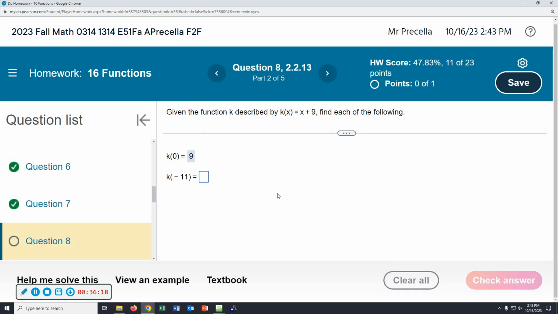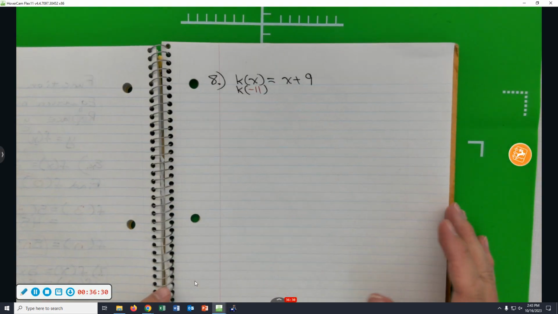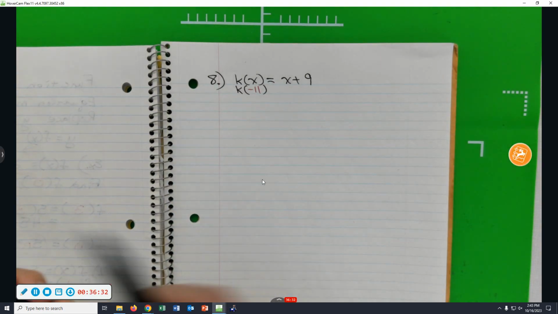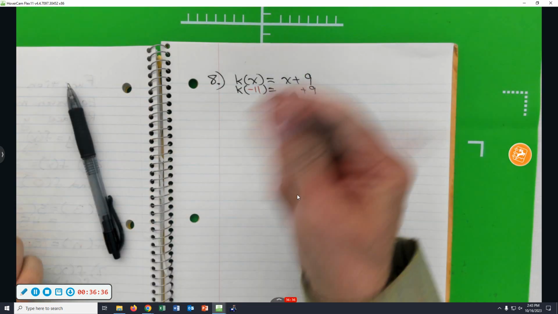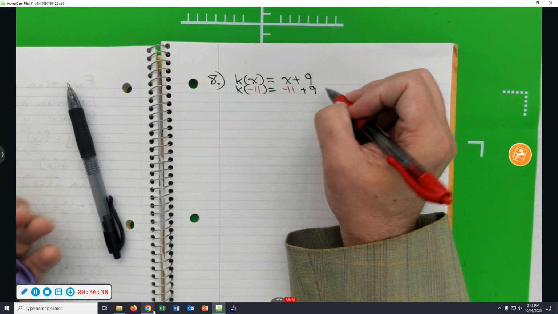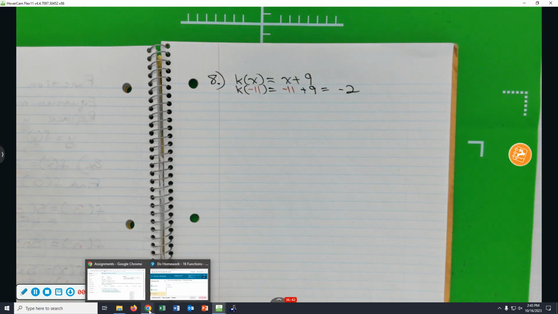The next one will be hard. Okay, we want k of negative 11. I'll plug in the negative 11 for x. What would we get? Negative 2? That sounds right. Negative 11 plus 9 gives me a y coordinate of negative 2.